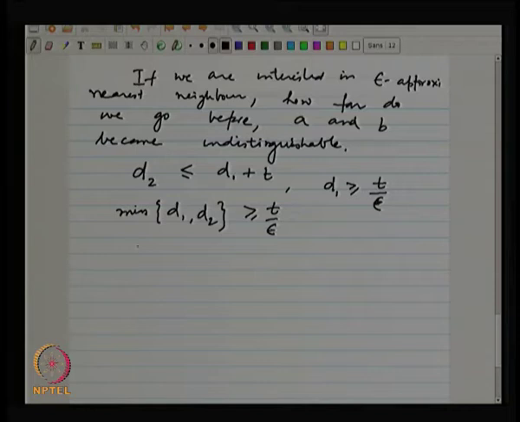So, if min of this is this, what can we say about the max? That is what we are interested in, right. I want to report either of them. Can we claim this?